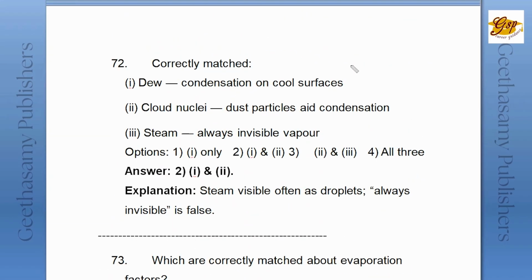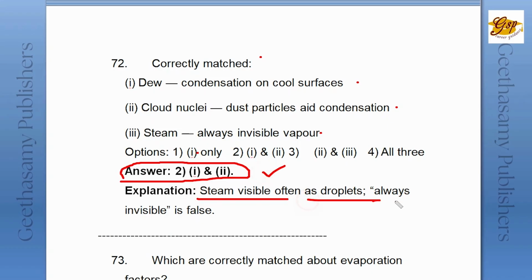And 72nd question: which are correctly matched? Dew, condensation on cool surface; cloud nuclei, dust particles that aid condensation; steam, always invisible vapor. Options: 1 only, 1 and 2, 2 and 3, and all 3. The correct answer is 1 and 2 only.